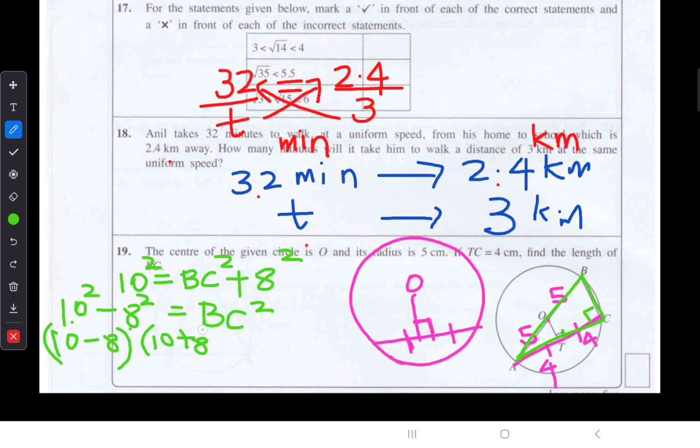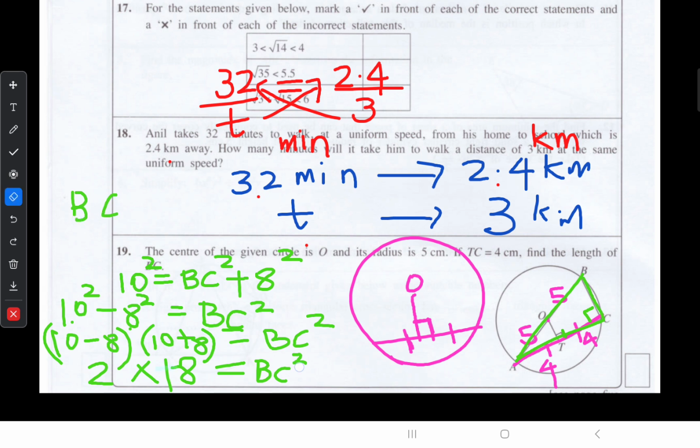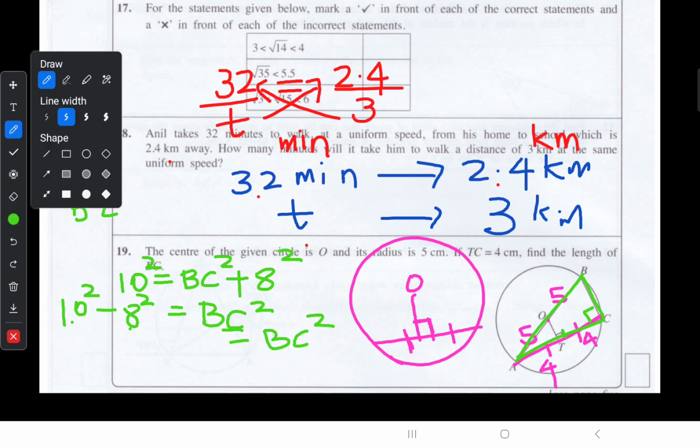One factor with negative, another with positive. So 10 minus 8 is 2, 10 plus 8 is, sorry, 18. So this is going to be our BC square, 36. Rather than this method, the other one is more convenient, I think.